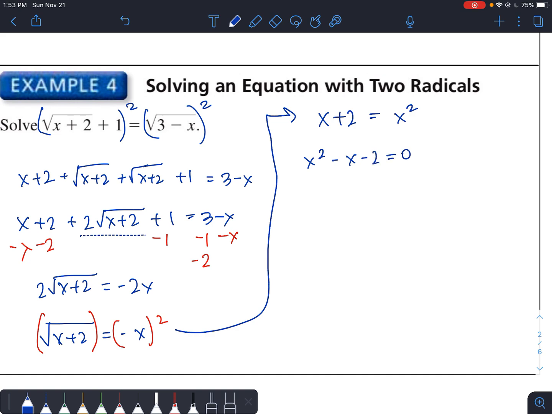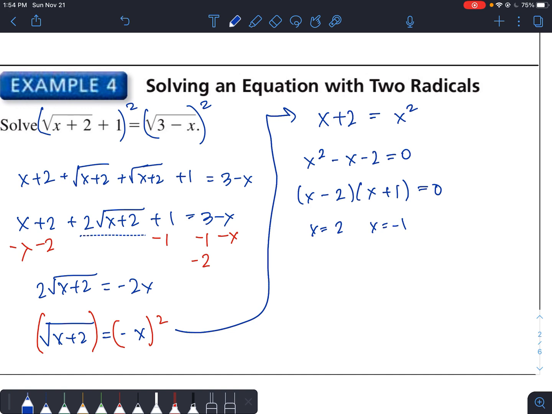Factor the quadratic if possible. So I need numbers that multiply to be negative 2 but add to be negative 1. That would be negative 2 and positive 1. So x would be equal to 2, and x would be equal to negative 1.